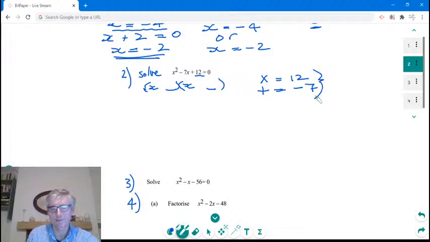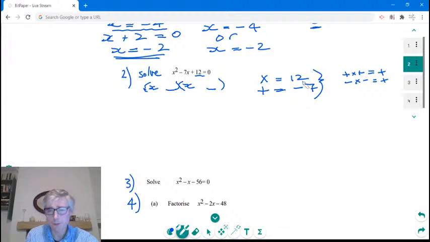There's two ways we could actually get a positive answer when multiplying: two positive numbers multiplied together give a positive answer, but we also need to know that two negative numbers multiplied together will give us a positive outcome.